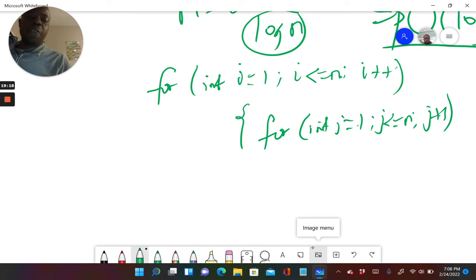Now, if you are doing cout i plus j, and you close this inner for loop.